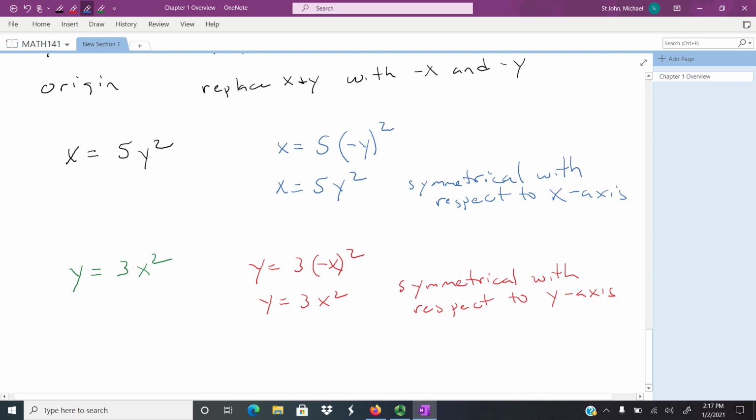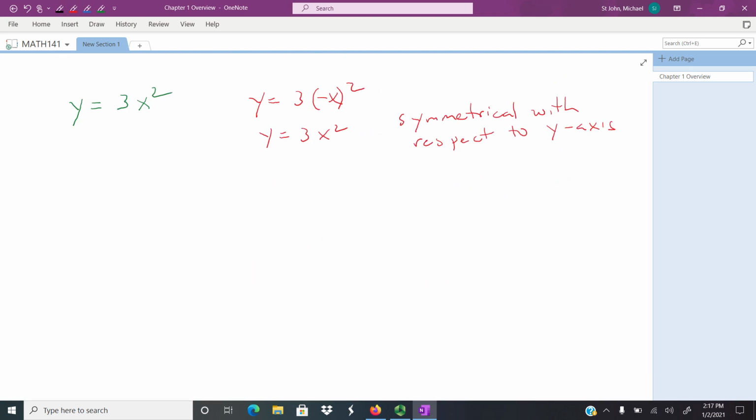And then the other one is the origin. Let's use this for an example: y equals x cubed. Now this says replace both, so negative y equals negative x cubed.